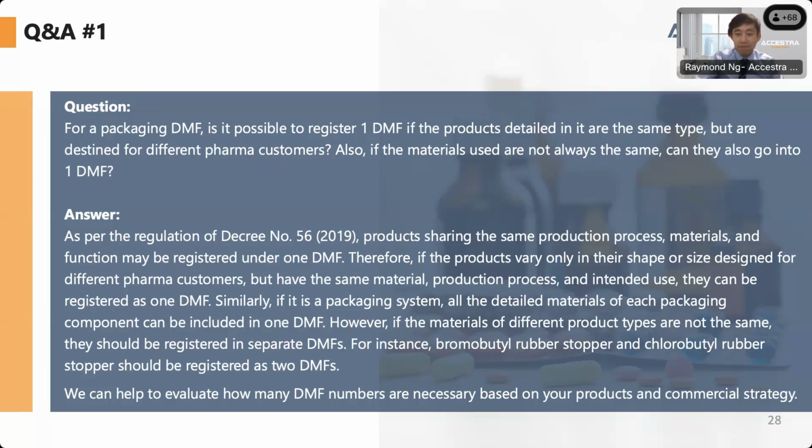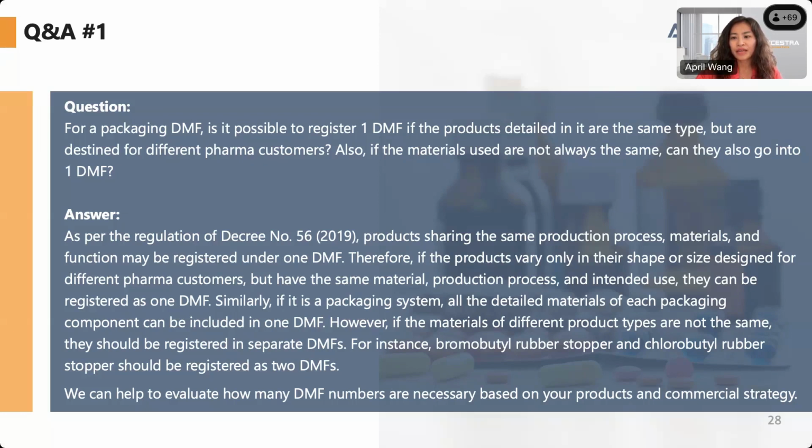Thank you, Raymond. Sure. So as per the regulation of decree number 56, products sharing the same production process, materials, and function may be registered under one DMF. Therefore, if the products vary only in their shape or size designed for different pharma customers, but have the same materials, production process, and intended use, they can be registered as one DMF.